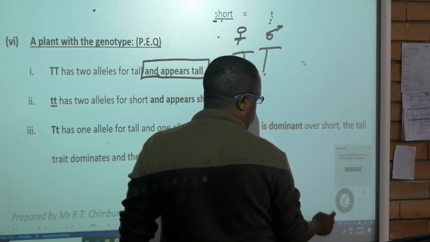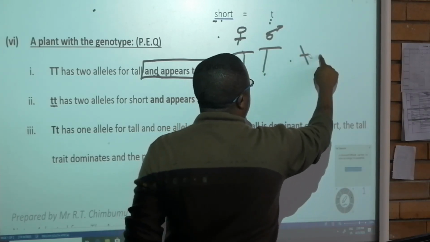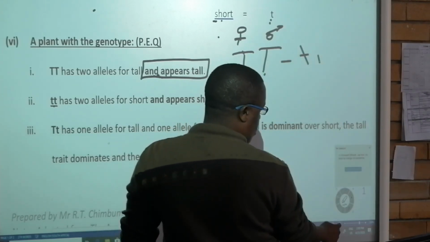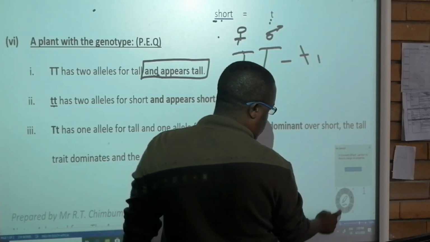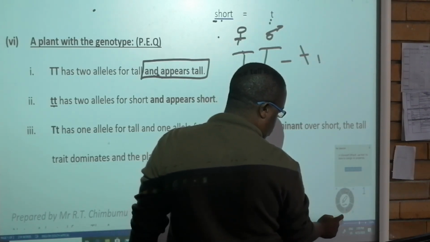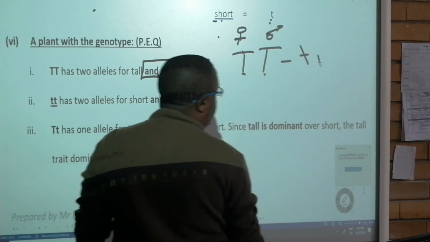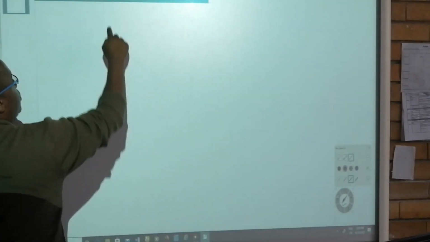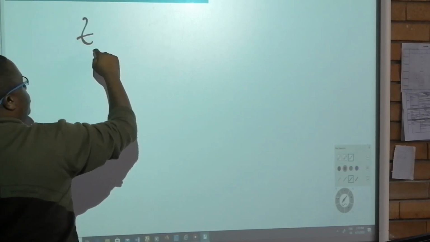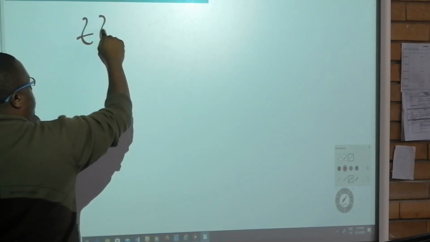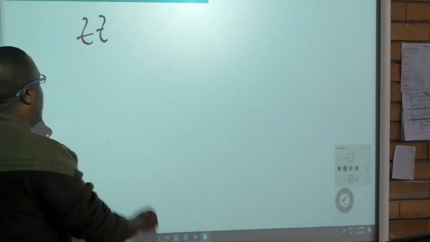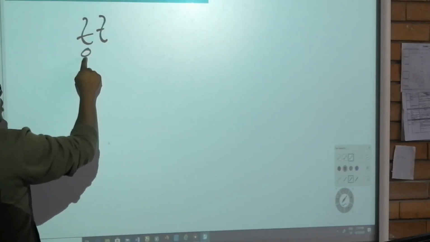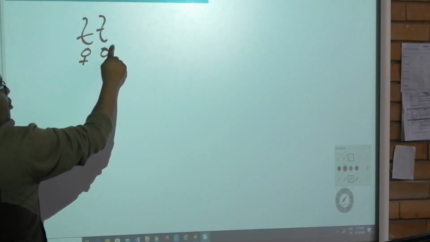Would then appear as tall. Right. A gene with the allele, two small letter t's. One coming from the mother, the other one coming from the father.